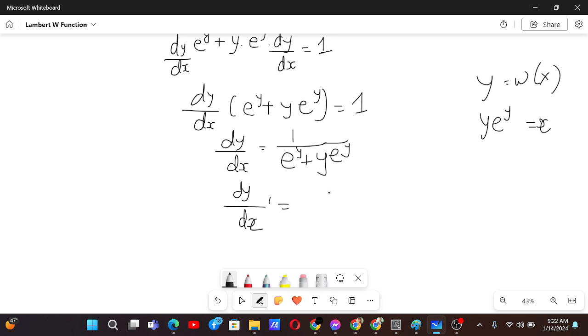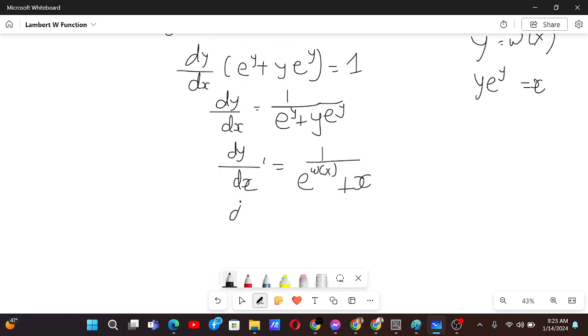We will use this to find the derivative in terms of x, and that gives us dy by dx equals 1 by e to the power y plus x. So this is the derivative of the Lambert W function, because y is the Lambert W function.